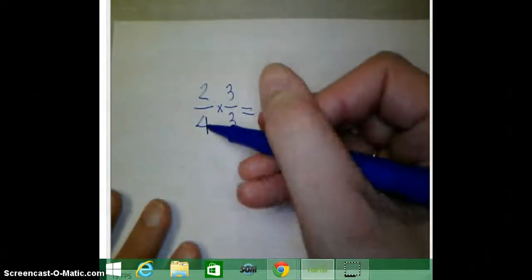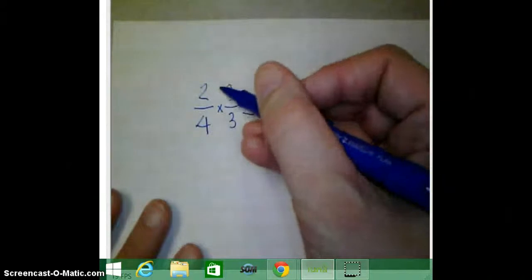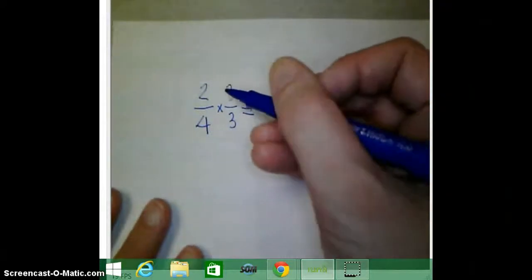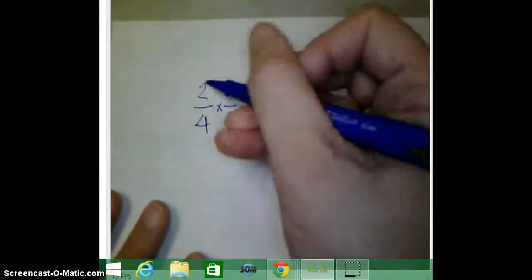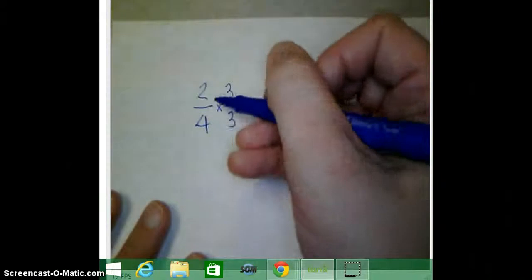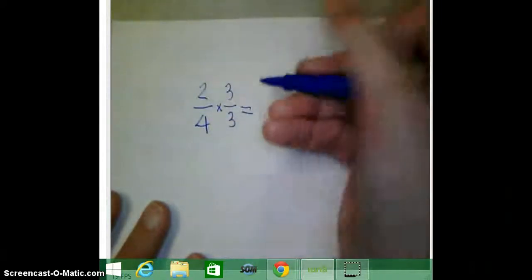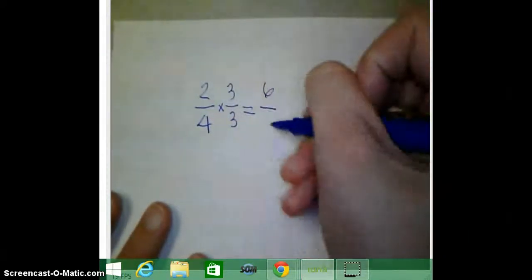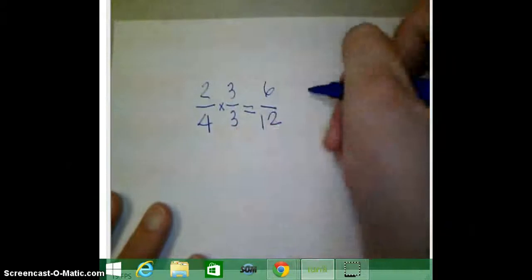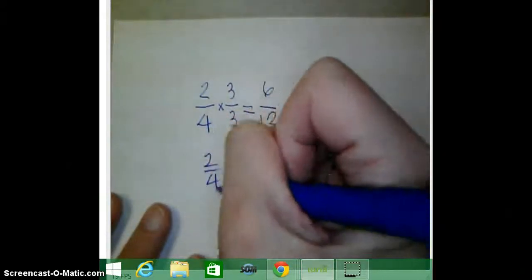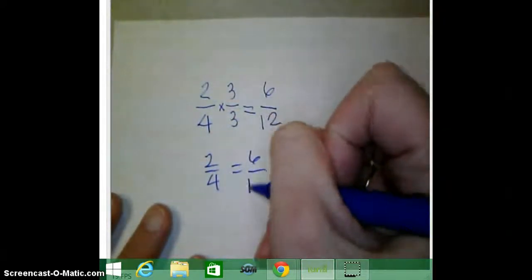And remember, whatever I do to the bottom number, I always have to do to the top and vice versa. So whatever I do to the top, I have to do to the bottom. So something equivalent to 2/4 is 2 times 3 is 6, and 4 times 3 is 12. So I could say 2/4 is equal to 6/12.